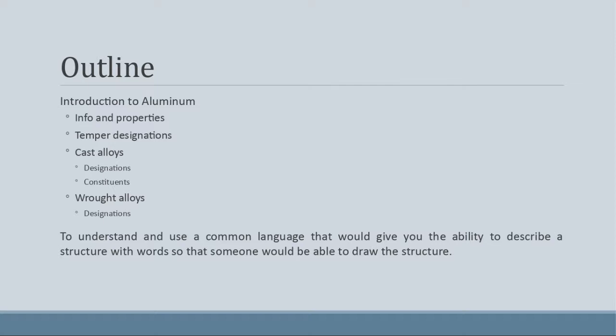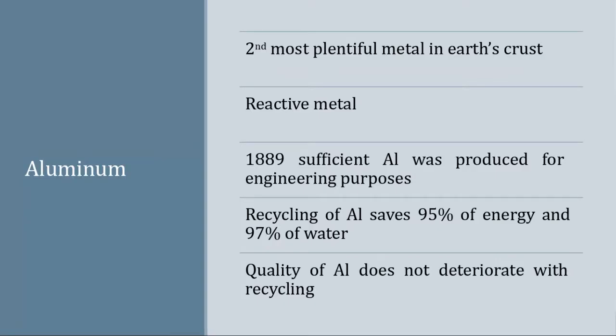It's always important to talk about the heat treatment and/or strain hardening condition it's in when identifying your aluminum alloys. So cast, wrought, and once again, just to understand and use common language, that'll give you the ability to describe those structures.